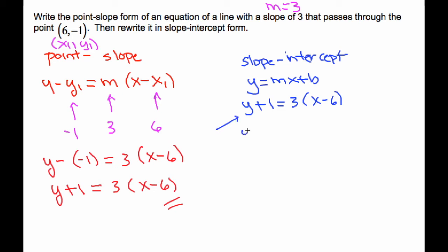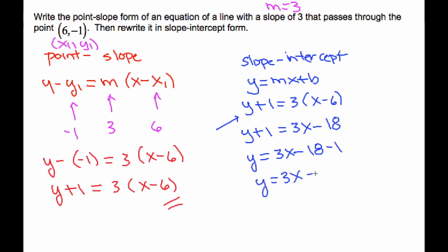So the first thing I'll do is on the right side of the equation, I'll distribute the 3. So this gives me y plus 1 is equal to 3x minus 18. Now I'll subtract the 1 from both sides of the equation, and this gives me y is equal to 3x minus 18 minus 1, which is y is equal to 3x minus 19. And there is my slope-intercept form.